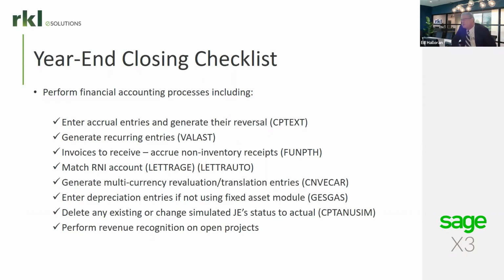Sometimes clients use them to project depreciation for the year and post the simulated entries, and then when they're ready to generate actual entries, they can remove the simulated entry and create the actual entry. They're also used in translation on the second ledger. So usually it's those two reasons why you use a simulation entry.